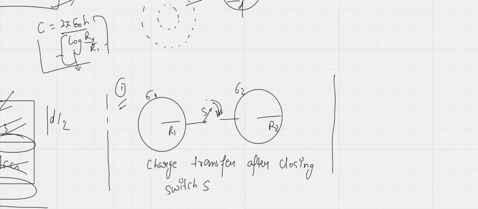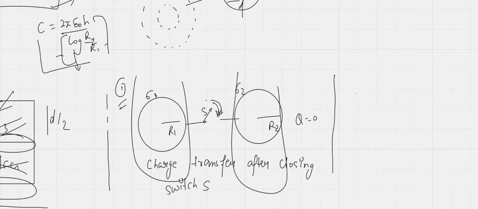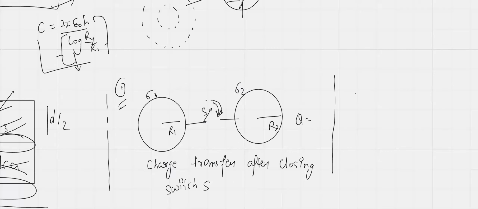So what was the hint for the second question? The hint is I said the total charge transfer. Possibly you don't even have to calculate charge transfer. You can just take it as a bucket of water, another bucket of water. How much water is going to transfer depends on the level of water.